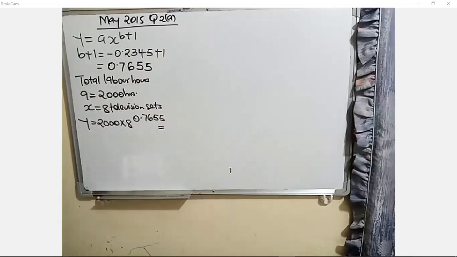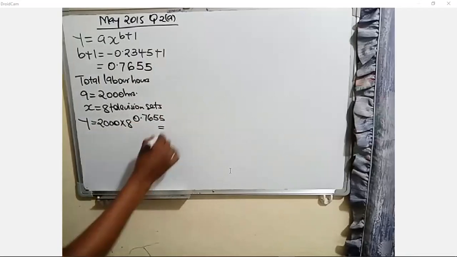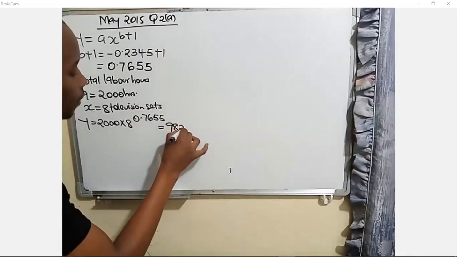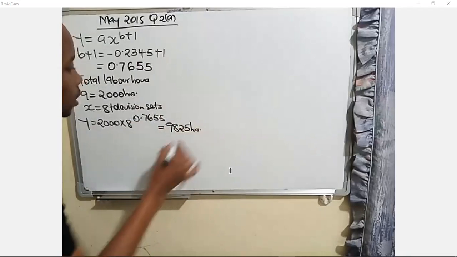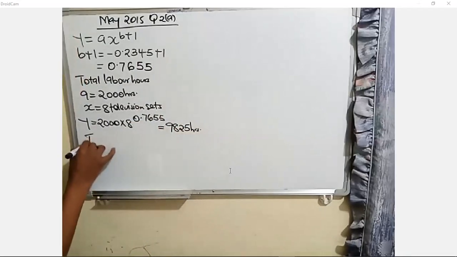How much is this? 2,000 times 8, you raise to that. 98.25 hours.